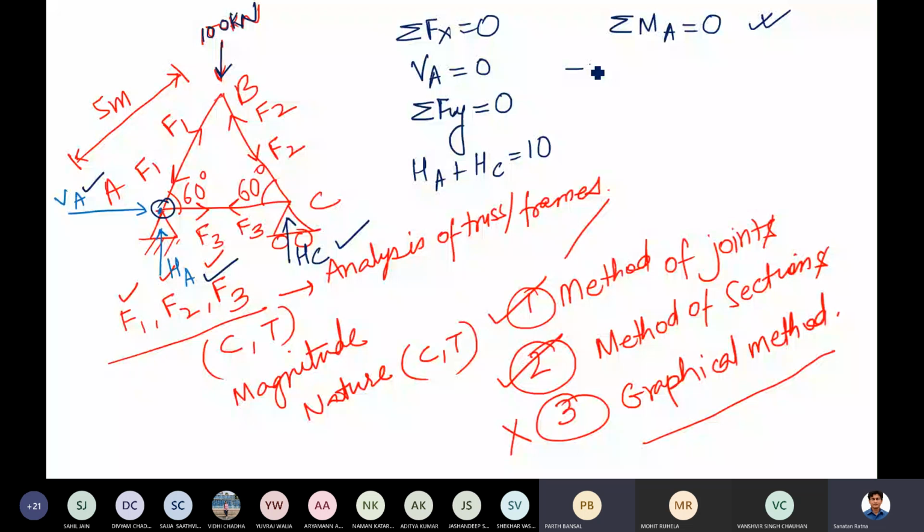So can I write 5 cos 60? 5. Okay. And next, can I write plus HC into, okay, 5 cos 60 not.